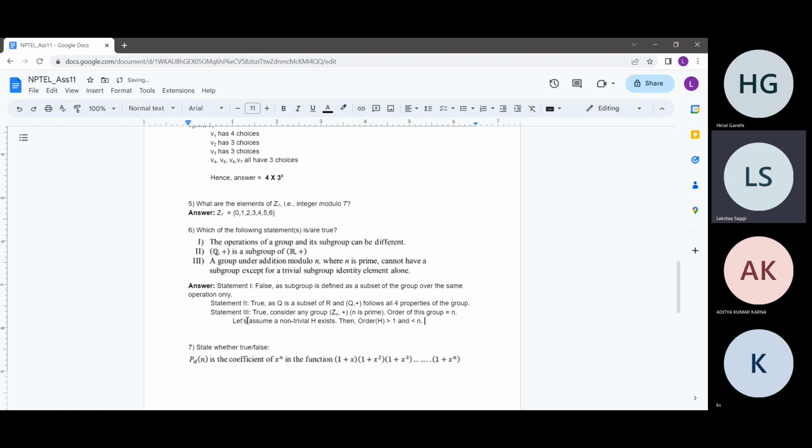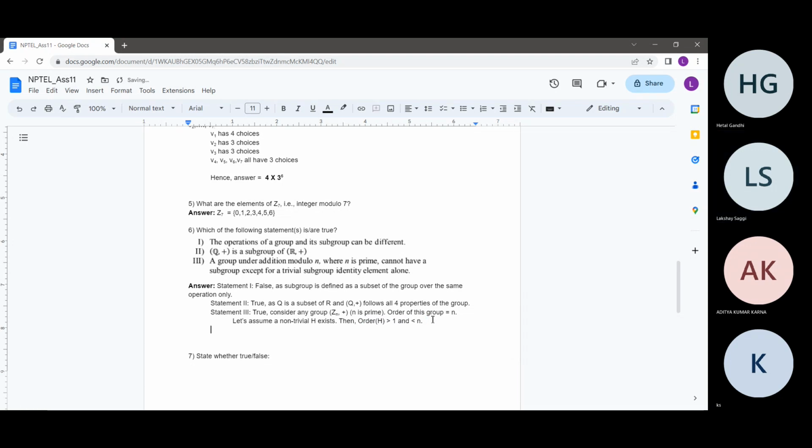Right? Because if it was equal to n, then it would be the group itself. And if it was equal to 1, then it would be the trivial subgroup, the identity element. So basically the order of H lies between 1 and n, right?